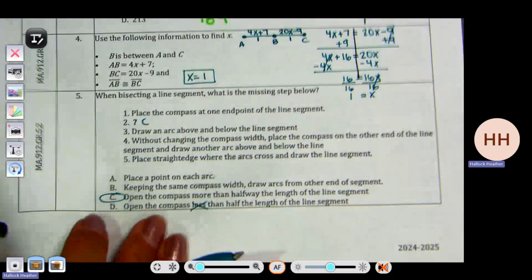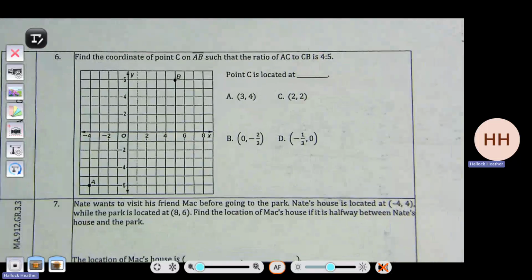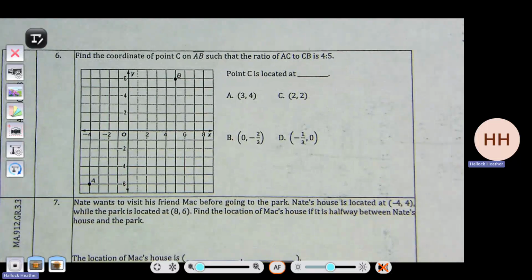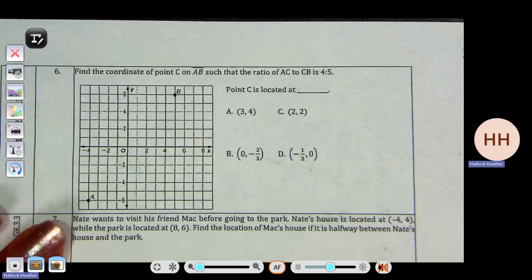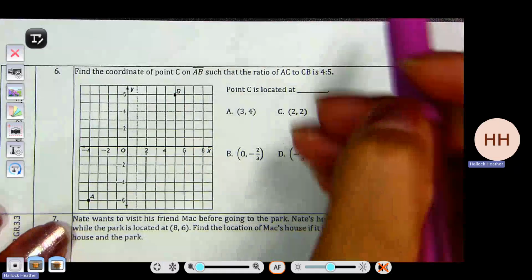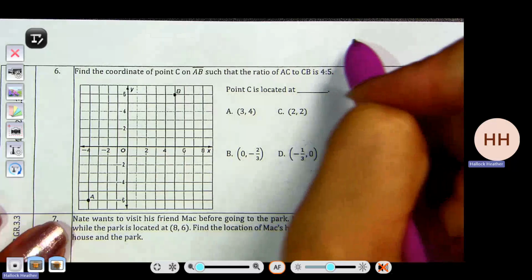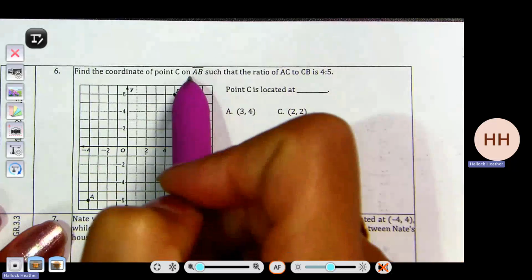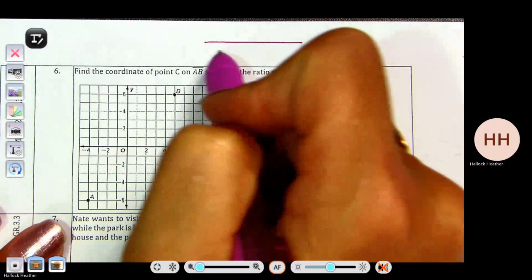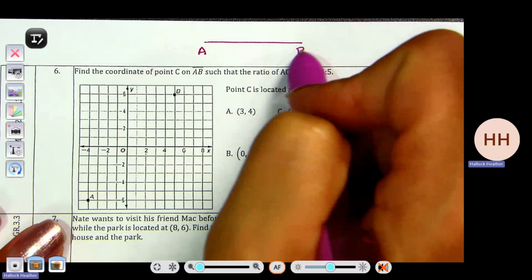For number 6, it says find the coordinates of point C on AB such that the ratio of A to C and C to B is 4:5. So I'm going to use my formula and make a little line. It says AB, because we have to figure out our fraction.